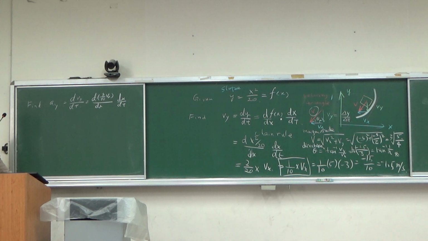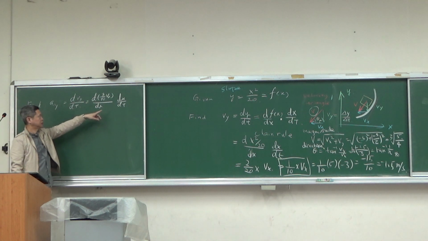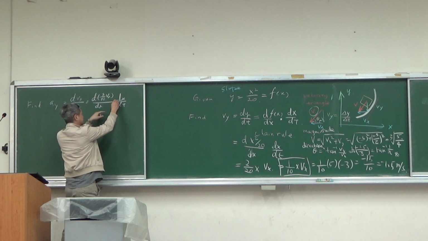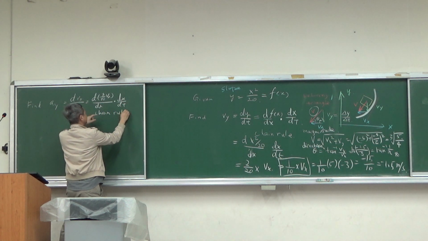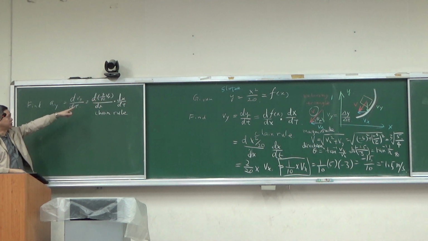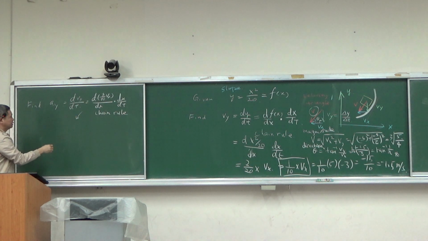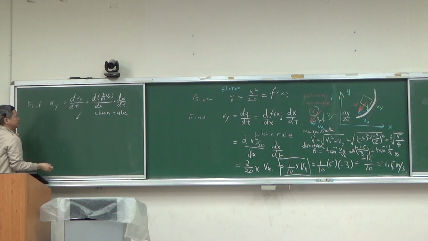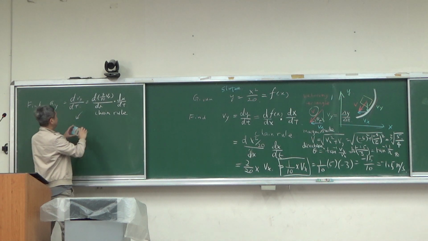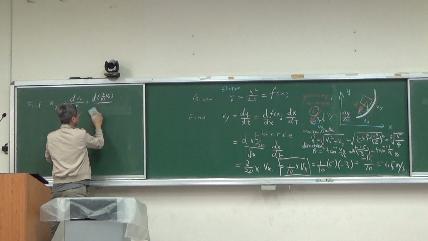This step is a must. Why? Because you still need the chain rule, since x is not a function of time directly, so you have to apply the chain rule. And then after doing this, you have to do differentiations. Would you like to do the chain rule immediately? Let's see, we do it later.